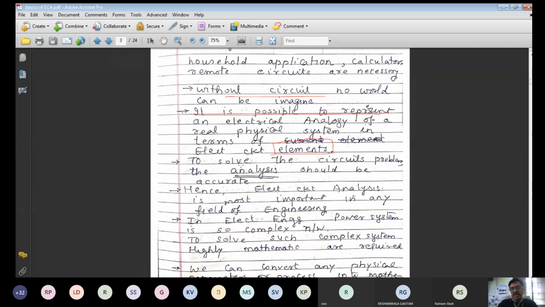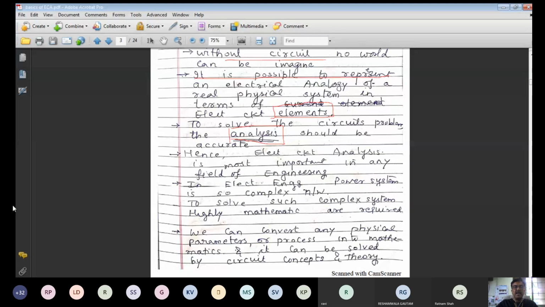If you know the current, then you can design the size of the cable, because if your current is more and the size of the cable is not proper, then your circuit will be damaged. So we should analyze properly. That is why the word analysis is most important in our electrical network.